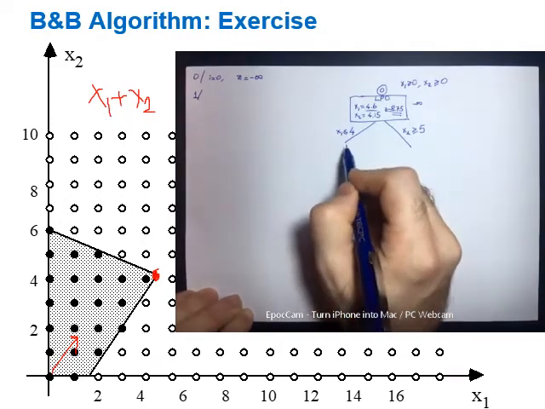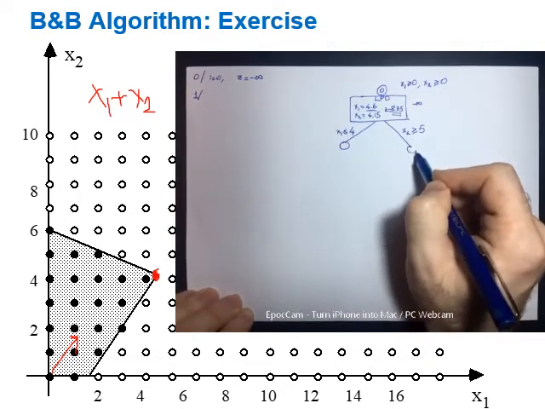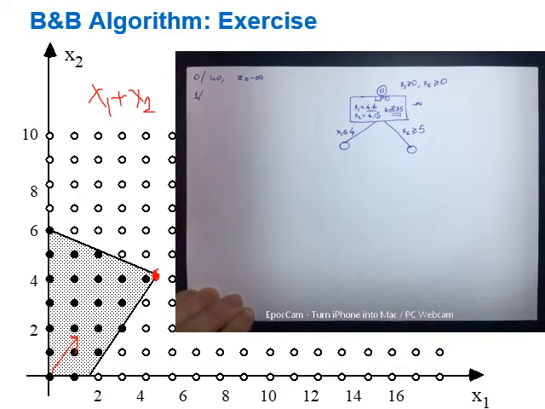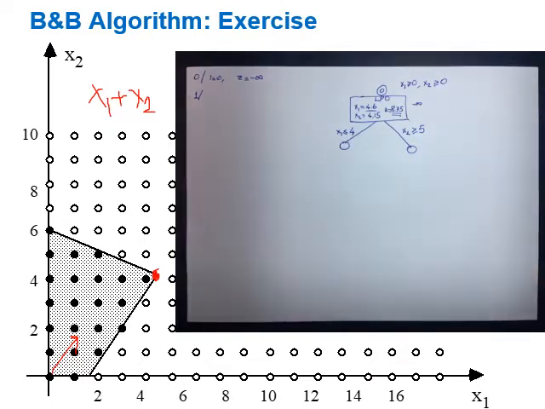Now we have two new branches. So I'm opening these squares, but I'm not numbering them now because the question arises here: which one should I try first? This one or this one? Again, I mentioned this in our previous tutorial. There is no strict rule. We don't know which one to solve first.